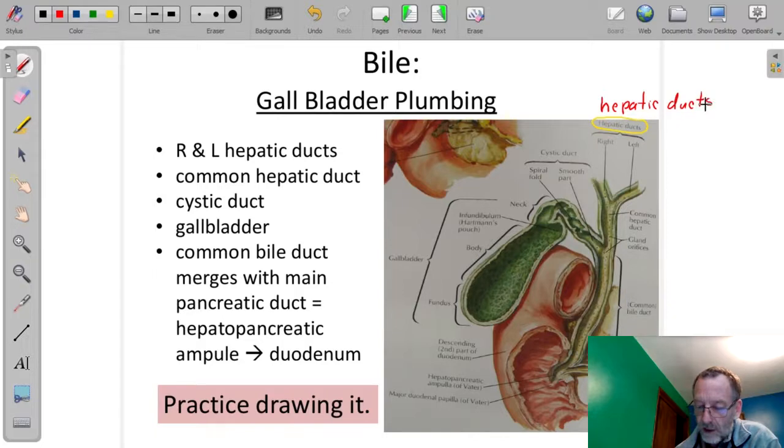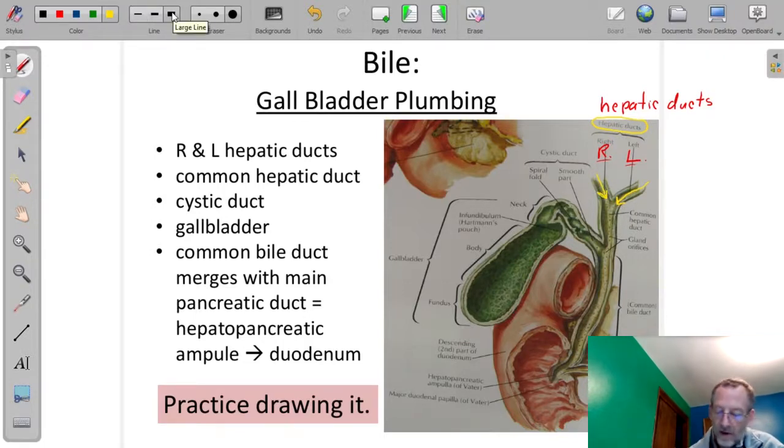Two main lobes of the liver, the right and the left. So this is the left as drawn and the right. And those are carrying bile from the hepatocytes. So the bile is entering through these hepatic ducts, a right and left hepatic duct.